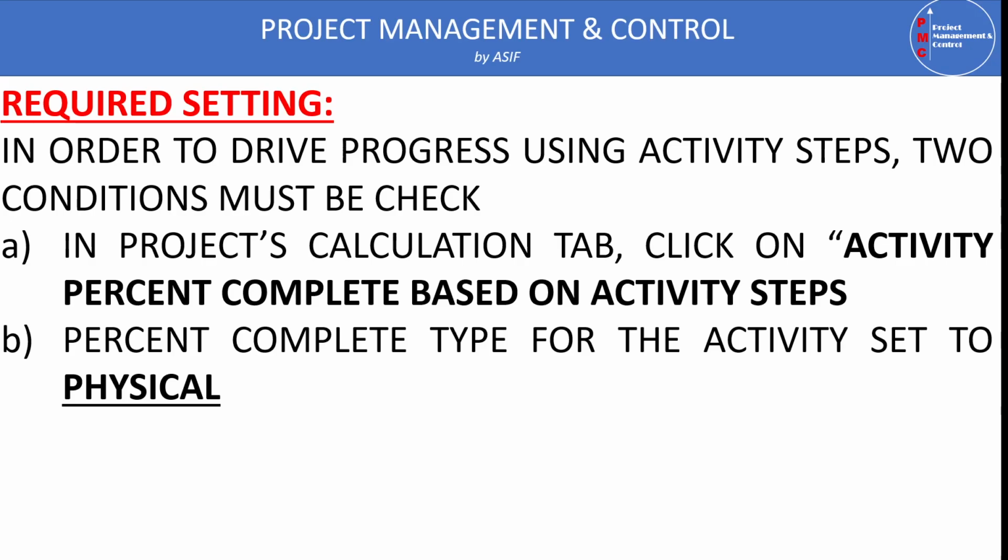In the physical percentage complete, if you are using steps for an activity, we need to define the percentage complete and remaining duration by the scheduler himself. So it will take a little more time by the scheduler.